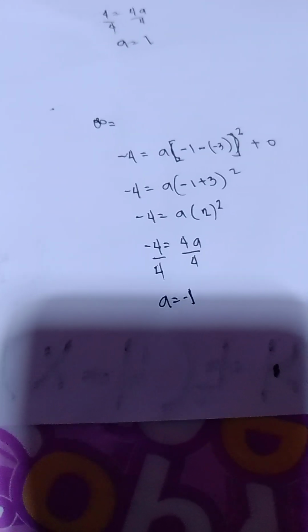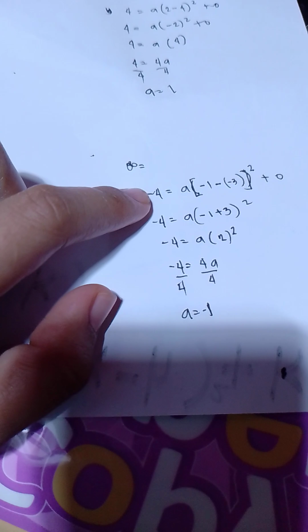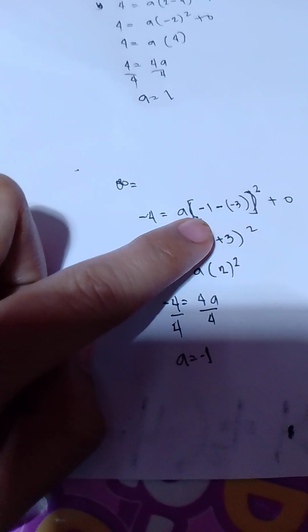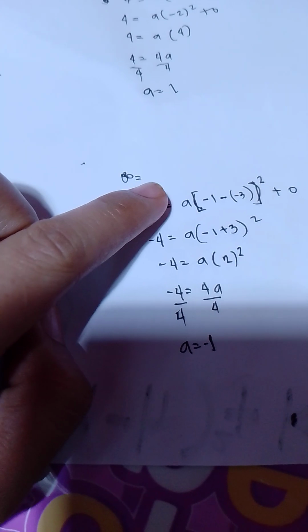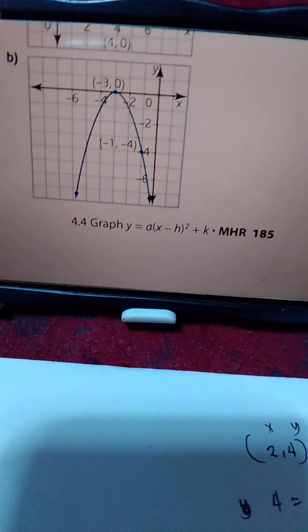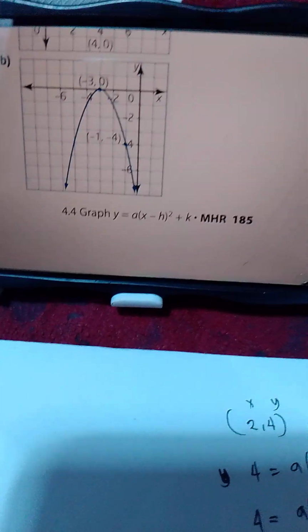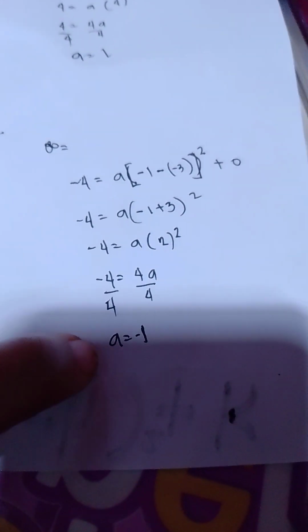In order to find the value of a, we have a equals negative 1. Just substitute the value of the vertex and the values of x and y. We use the point (-1, 4) because it passes through the parabola. After that, the result is negative 1.